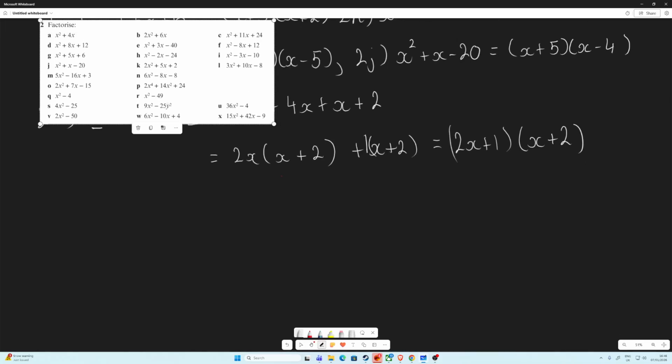Okay, next, 2L. We have 3x squared plus 10x minus 8. So we need two numbers that add to 10 and multiply to minus 24. Okay, so what can that be? That can be 6 and 4.